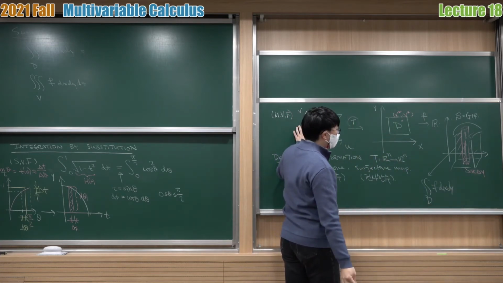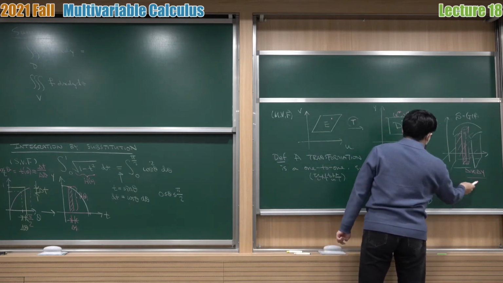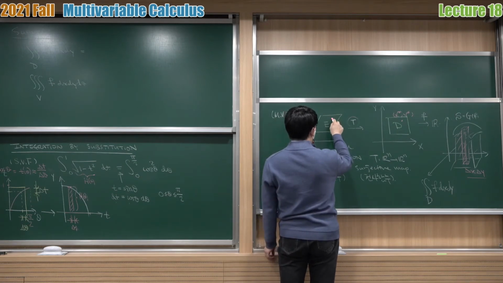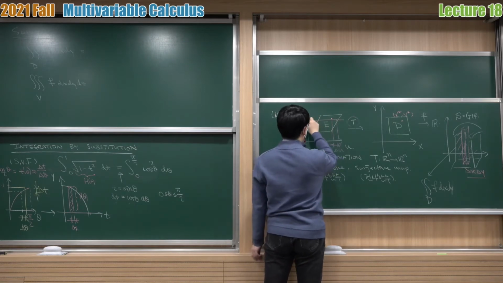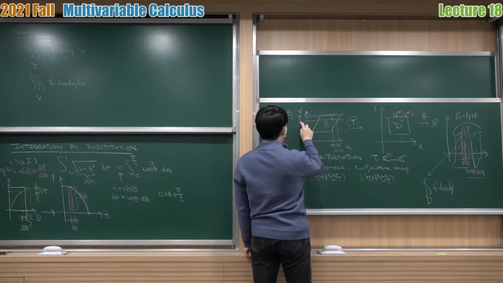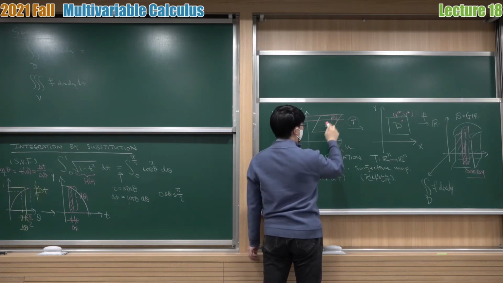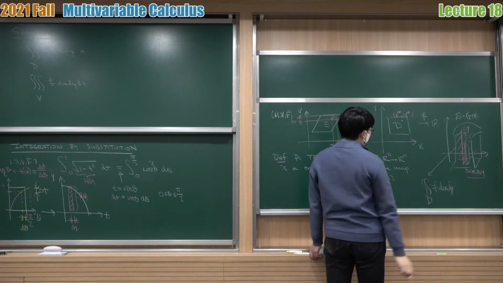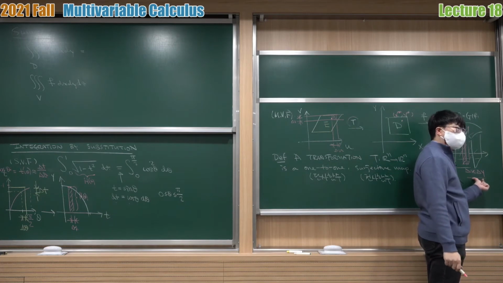But now I have to change my delta x, delta y in terms of delta u and delta v, because if I take a small increment of u and v in the UV plane, I get a small rectangular box, and that small rectangular box is not going to be the same area as delta x, delta y.